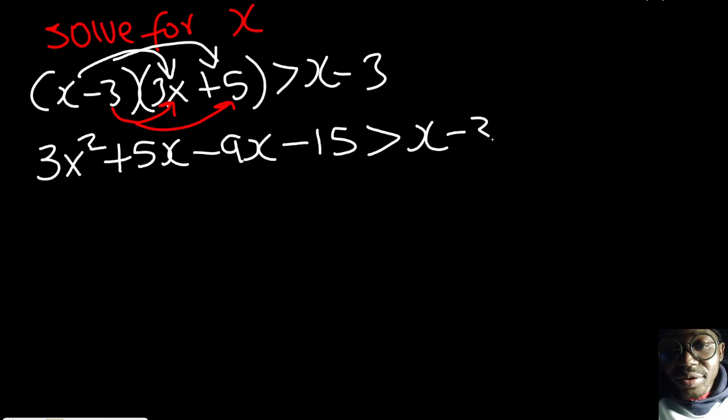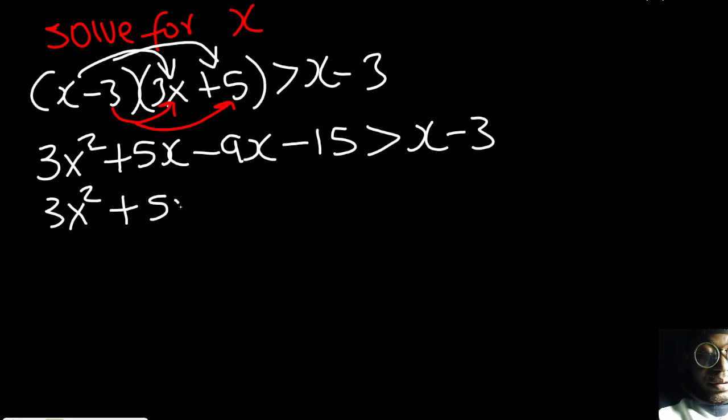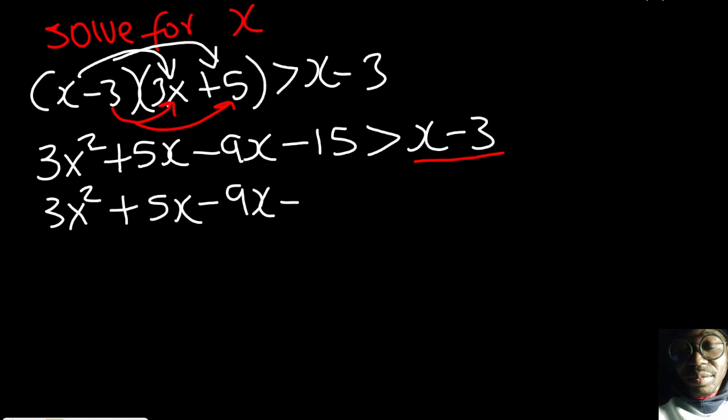Greater than x minus 3. So right now we're going to arrange this, put it into the standard form of a quadratic equation. 3x squared plus 5x minus x minus... we're going to subtract x minus 3 on both sides.